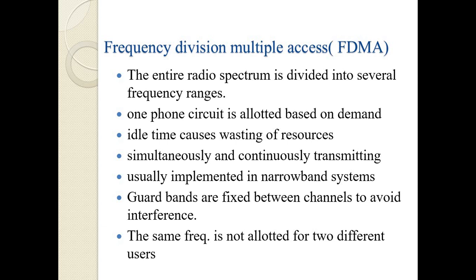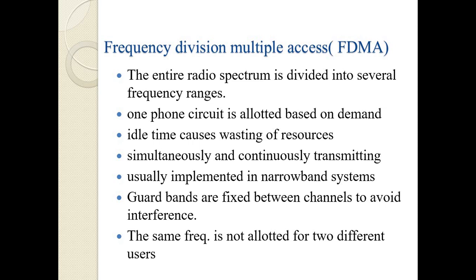Every link, every phone circuit, will be allotted based on demand, and there will also be idle time: if a particular frequency channel is not in use after being allotted, there is idle time. FDMA supports simultaneous and continuous transmissions.